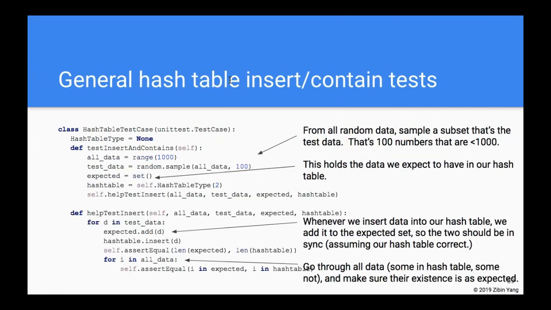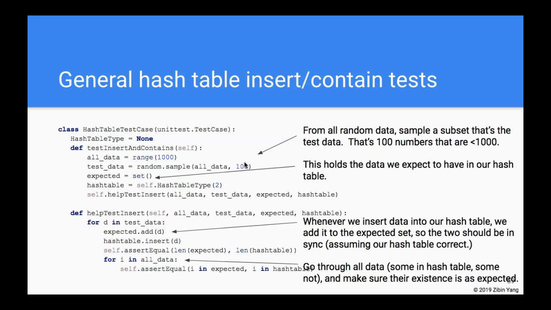Okay, that's that, and then I'm going to show the first generic hash table test case I'm going to write, which is test insert and contain. So basically, I'm going to set up a bunch of data. The range for my data is from 0 to 999, but I'm going to just take a sample from that.